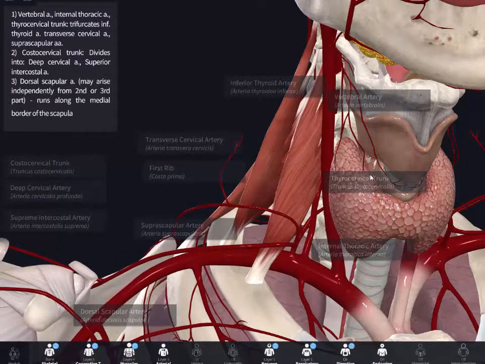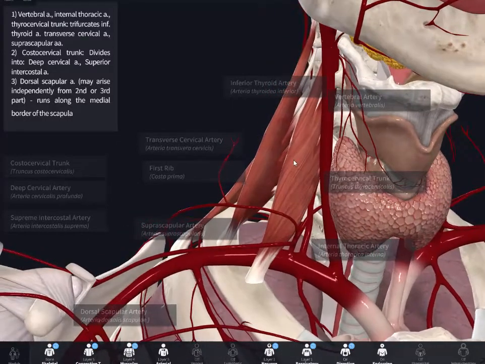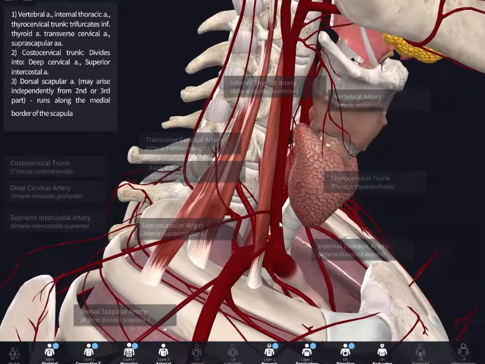Okay, so now let's come full circle here and summarize everything we know about the subclavian artery and its usual variations. There are 3 parts of the subclavian artery. It is important to know that these 3 parts are defined by their relationship to this important muscle here called the anterior scalene muscle. Right? This is the anterior scalene muscle. That means behind it you're going to have the middle scalene and then a posterior scalene.